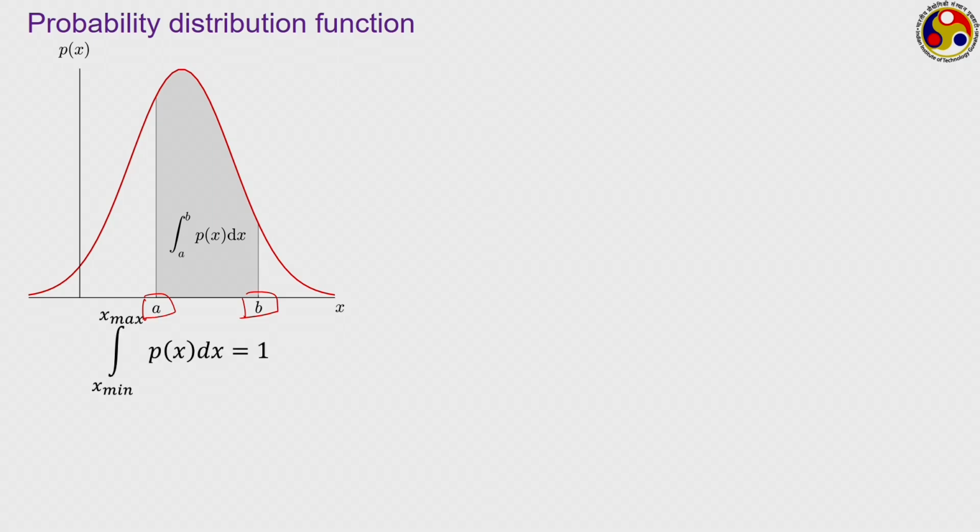And the probability of all the data points appearing within the limit of x minimum to x maximum, that is the range of x, has to be equal to 1, because it encounters all the possible probabilities, or all the probabilities that a phenomenon can happen.